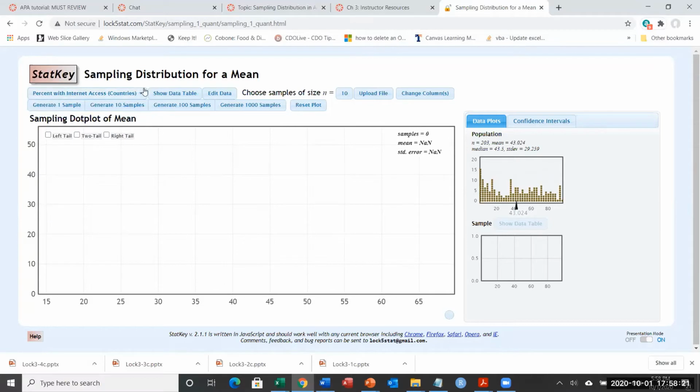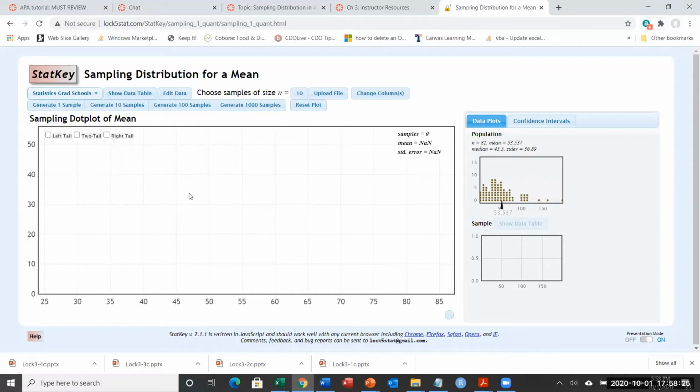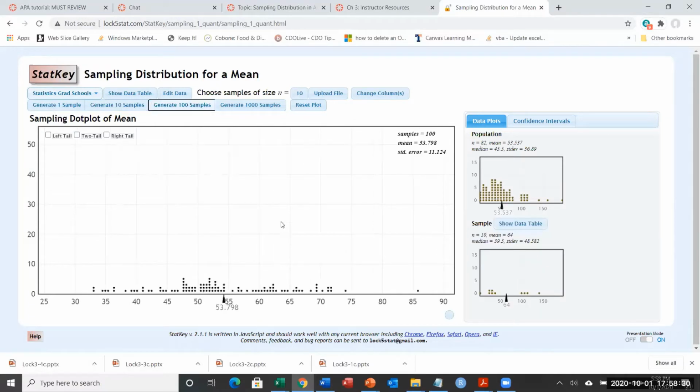Let's select the statistics grade schools, and if I take 100 samples from here, each of these dots represents the mean of a sample from this population. This population has 82 values, and the mean of the population is 53. If I draw one sample of size 10, the sample will appear over here.